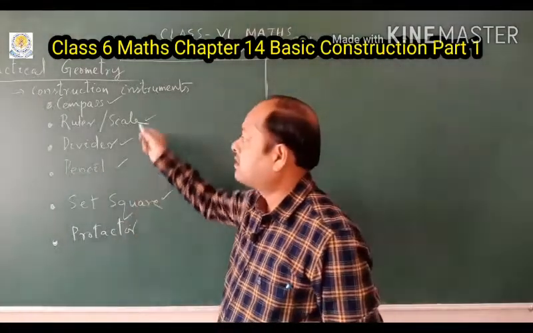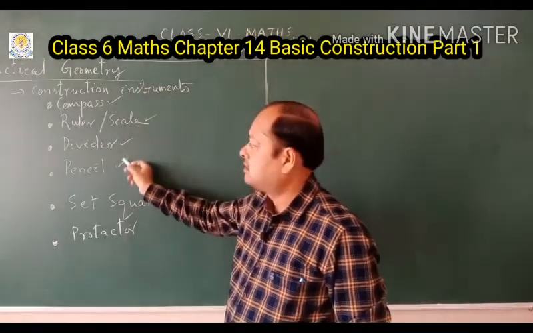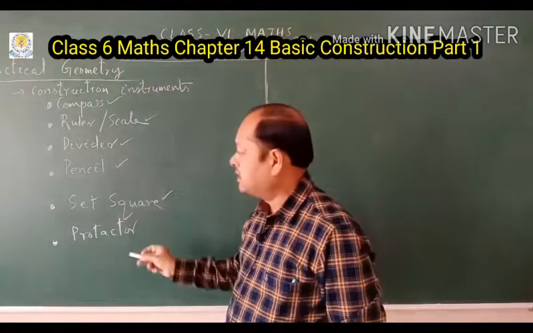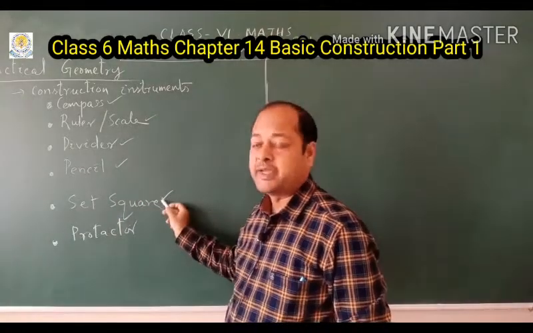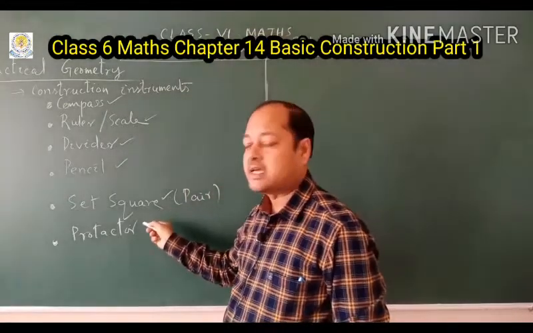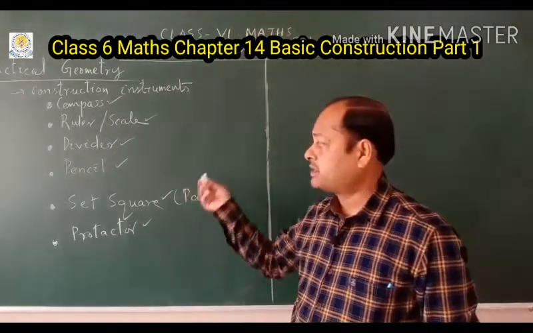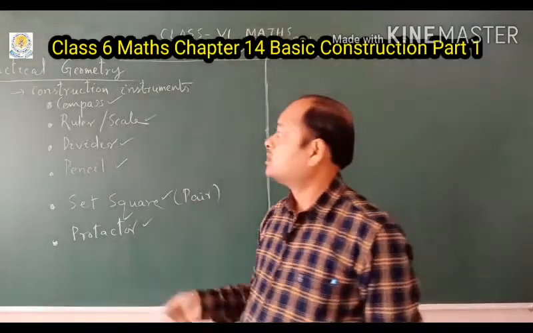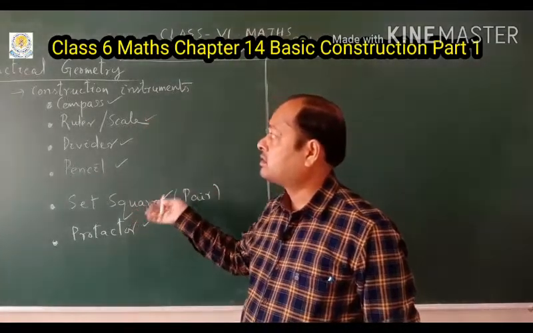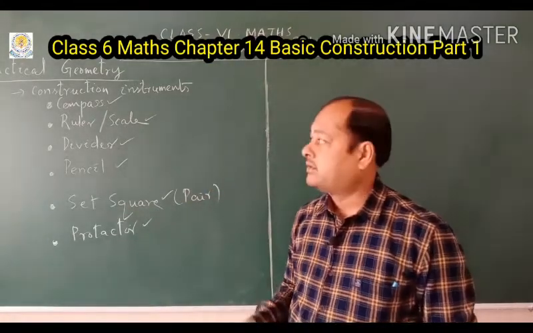What are the construction instruments? Compass, ruler or scale, divider, pencil, set square in a pair, so there are two, and a protractor. Also a pencil and an eraser are required. This is all about your construction instruments, and with their help we can draw.